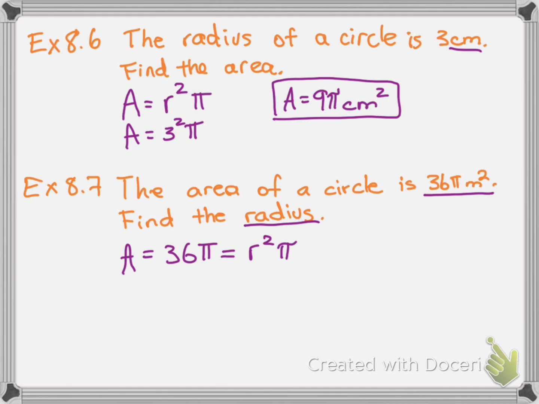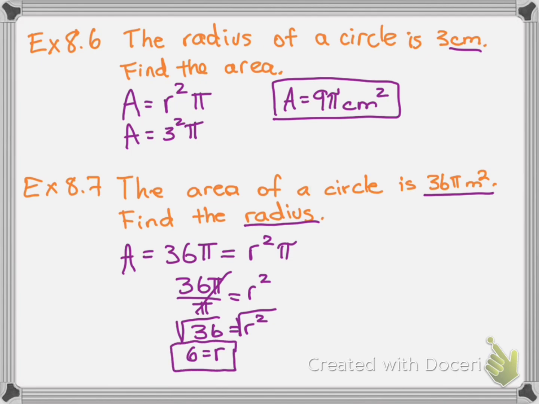So I'm going to pass the pi to divide. 36 pi divided by pi is going to be r squared. We can cancel the pi's. And then 36 equals r squared. To find the answer, we have to get the square root of both sides, and 6 is going to be r. So the radius is 6.